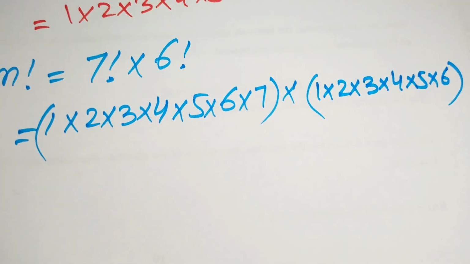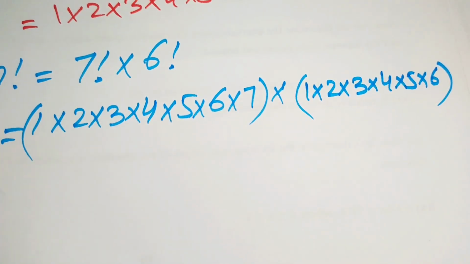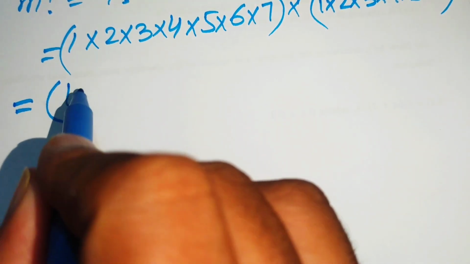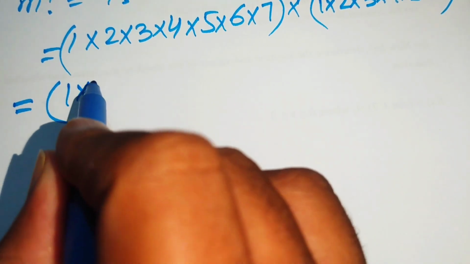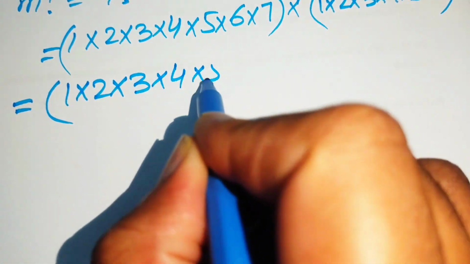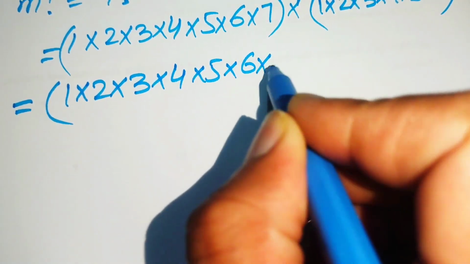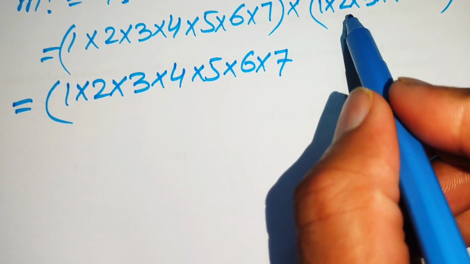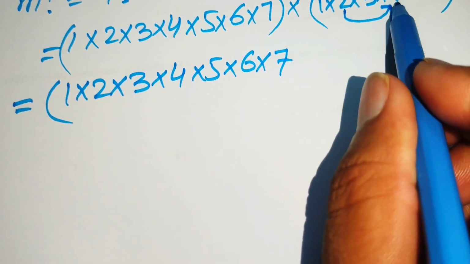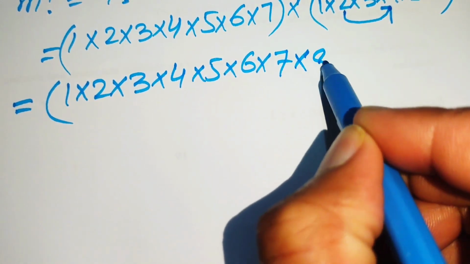So here we just substitute the values of both factorials. After that, we first write all these terms as they are. So we have 1 times 2 times 3 times 4 times 5 times 6 times 7, and here we have 2 and 4. When we multiply 2 times 4, it becomes 8, and we write it here.